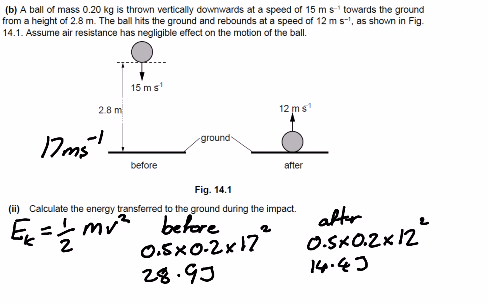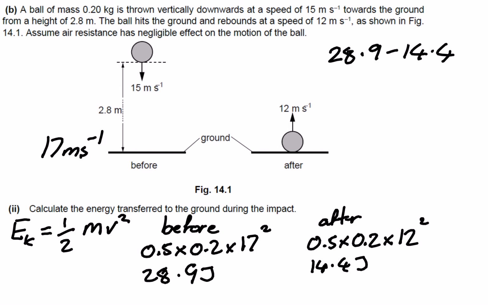So if I subtract these two numbers, I'm running out of space down there, so let's do it up here. 28.9 take away 14.4 gives me 14.5 joules.